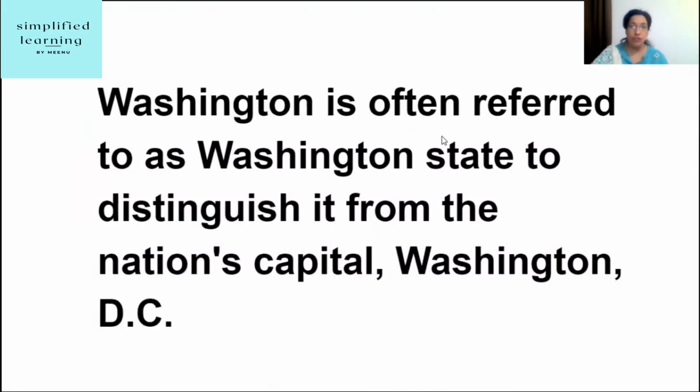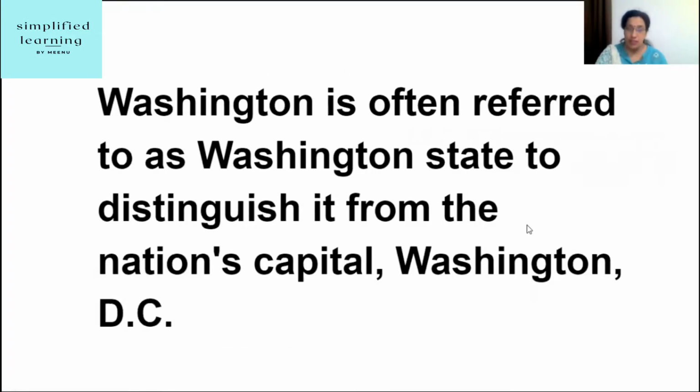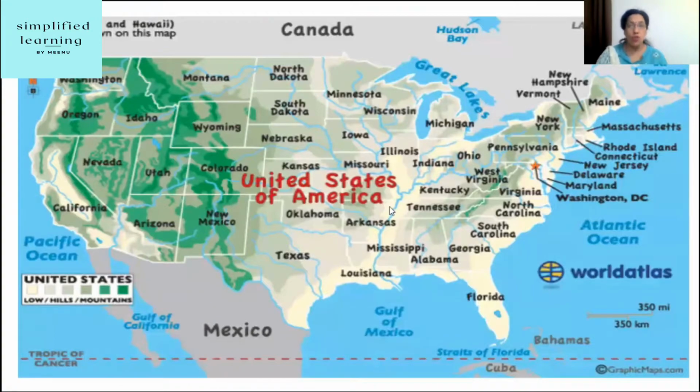Washington is often referred to as Washington State to distinguish it from the nation's capital, Washington, D.C. So don't get confused. We have Washington State also, we have Washington City also. Now how to differentiate both? The state is located in the northwestern part of the USA, in the Pacific Northwest region.